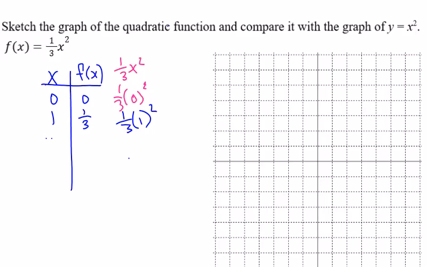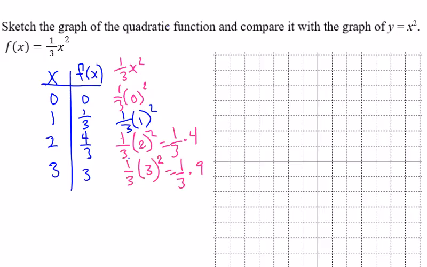Okay, if I plugged in 2, we would get 1/3 times 2 squared, which is 1/3 times 4, or 4 over 1, and so that would end up being 4/3, okay? And so forth in that direction.